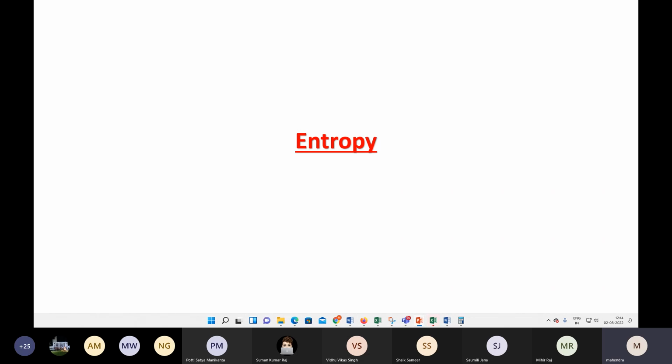We have done a good job in the exam also. Now we have a great scope to define certain other parameters through the second law of thermodynamics. That property or parameter is entropy.